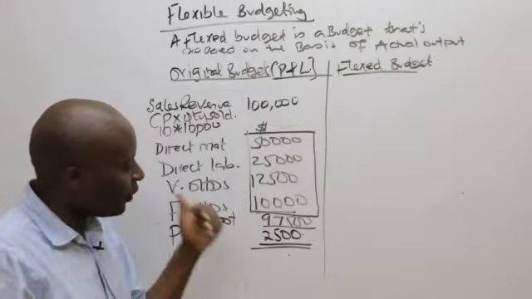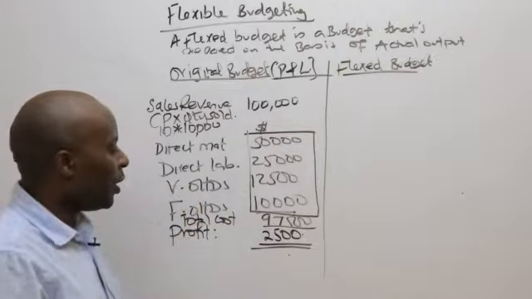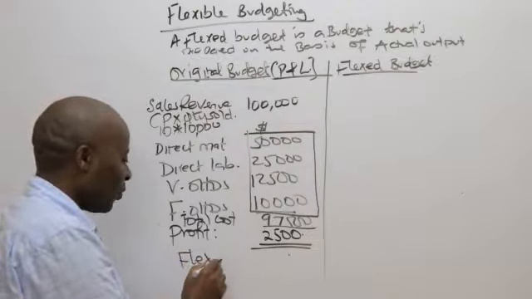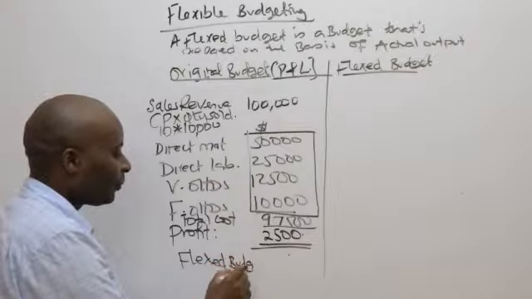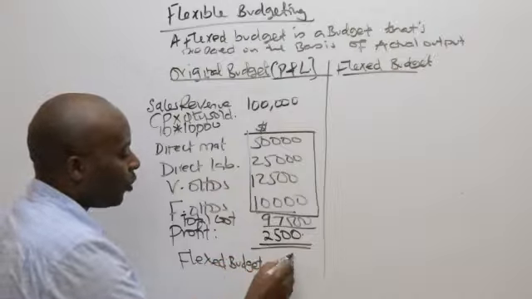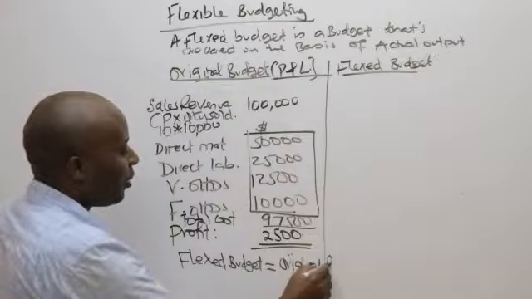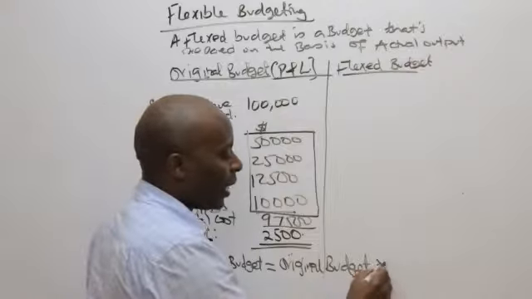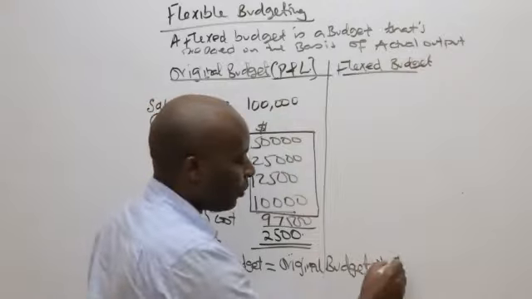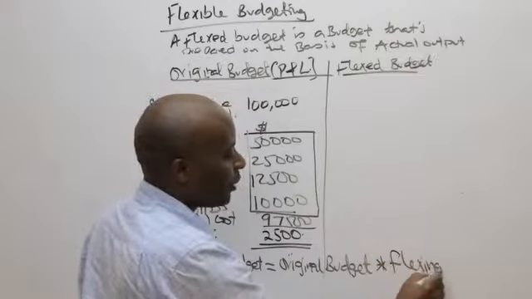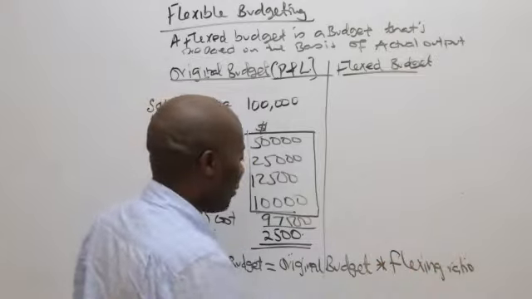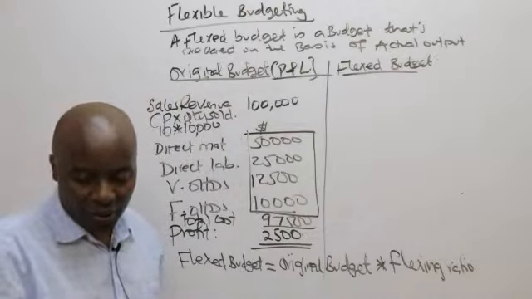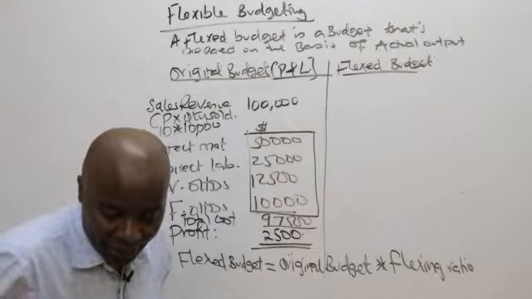So in short, for us to get a flexed budget, we normally take the original budget multiplied by the flexing ratio. Very easy.